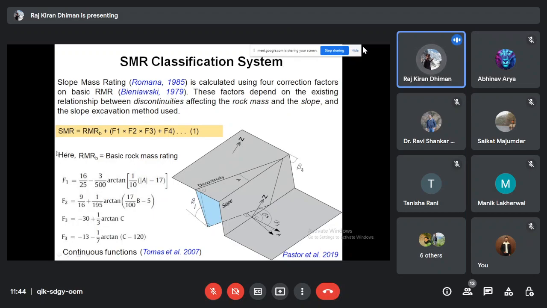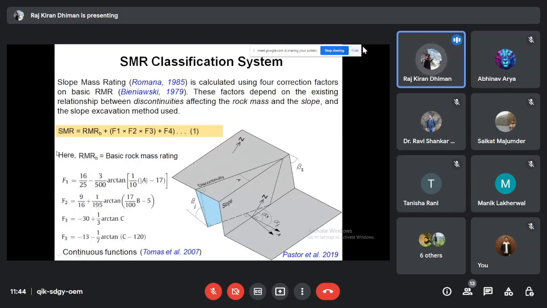It means that, as I have shown you in the earlier slide, RMR had six parameters. The sixth parameter was orientation of the joints, but that was developed for the tunnels only. But Romana developed SMR for slopes. So he had to use some different kinematic adjustment factors, which I am going to discuss.